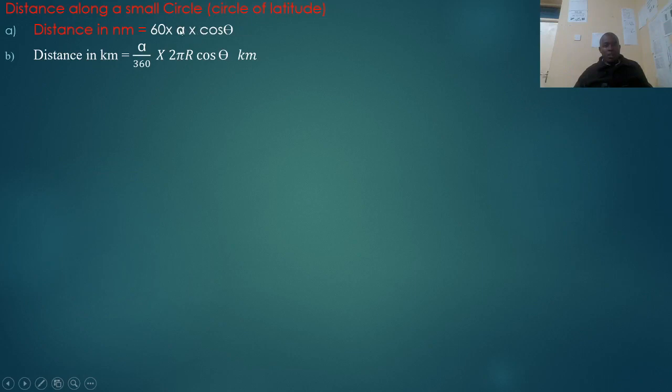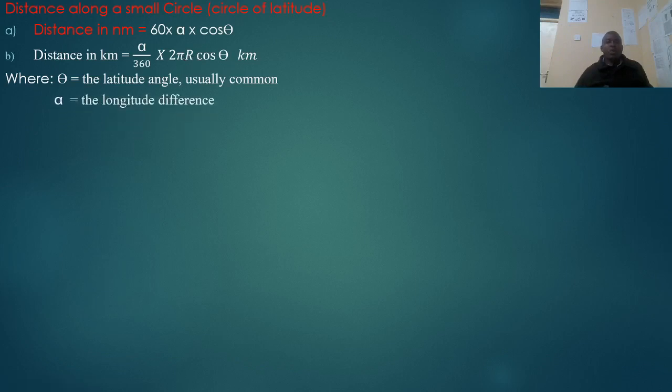I'll give you the reason. So the formula in nautical miles is 60 times alpha times the cos of theta. And in kilometers, it is alpha over 360 times 2 pi r cos theta.